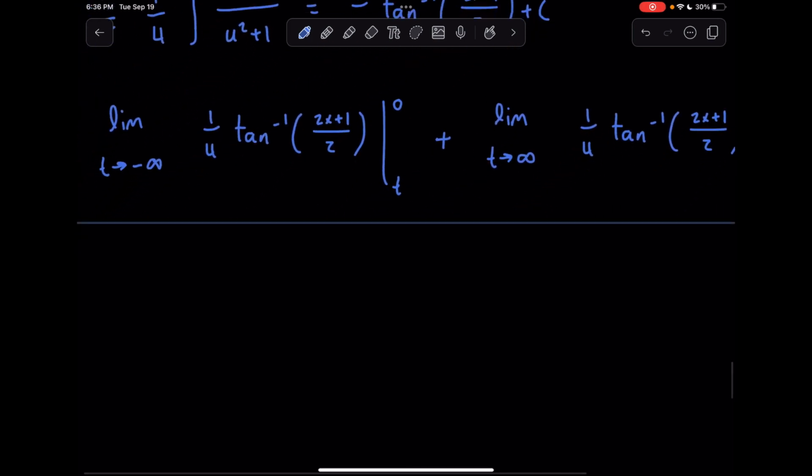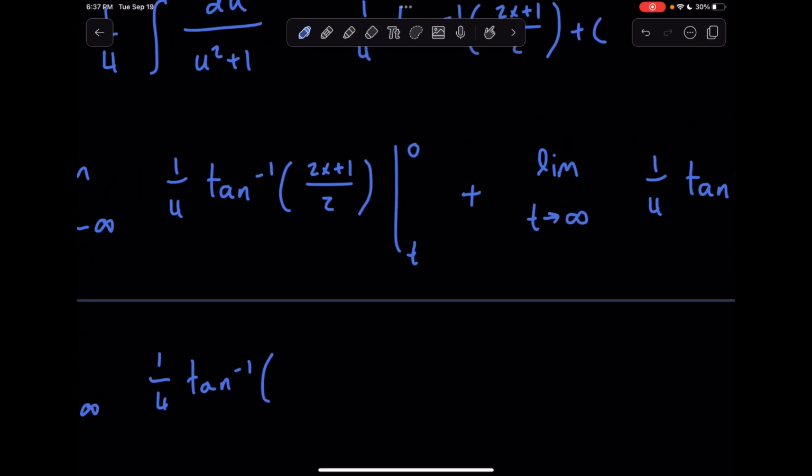Now we need to go ahead and plug in. So we have the limit as t approaches negative infinity of 1/4 tangent inverse of 2 times 0, which is just 0.